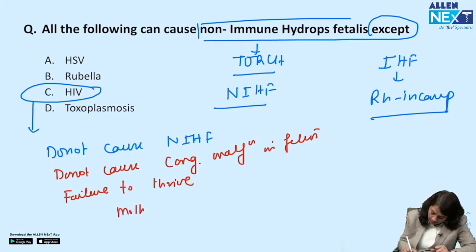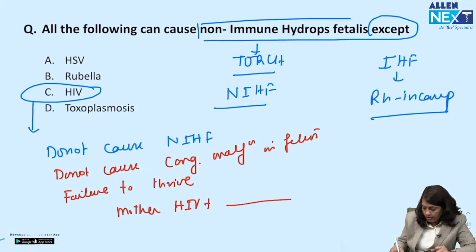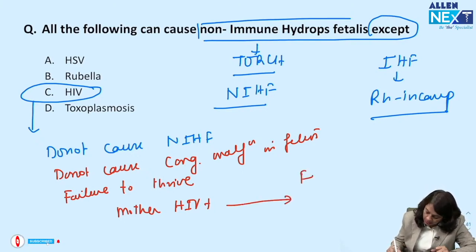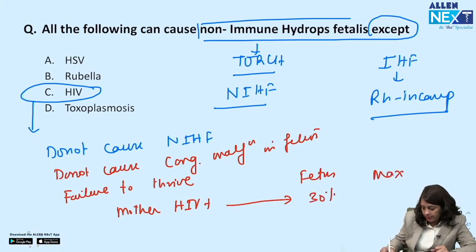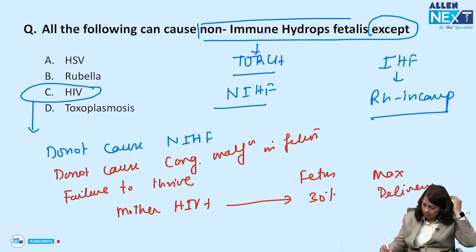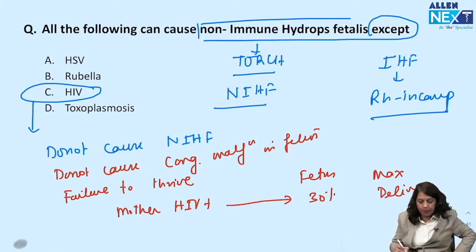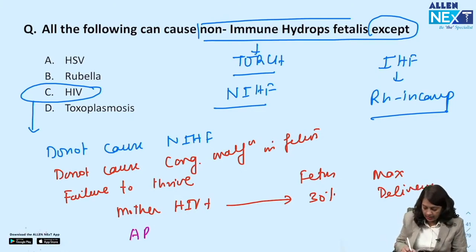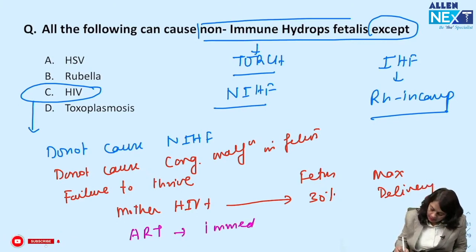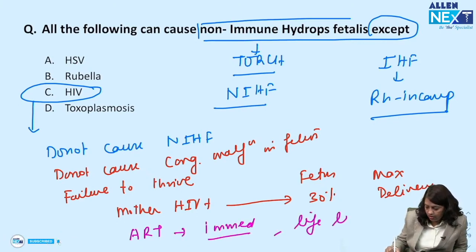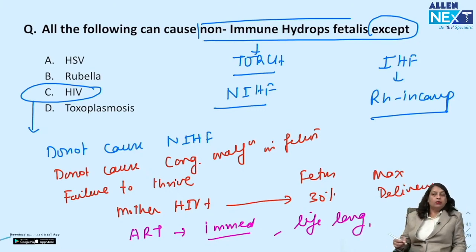If the mother is HIV positive, the risk of transmission to the fetus is 30%, and maximum is at the time of labor or at the time of delivery. Okay, now if mother is HIV positive, then you have to start antiretroviral therapy immediately and give it for lifelong.